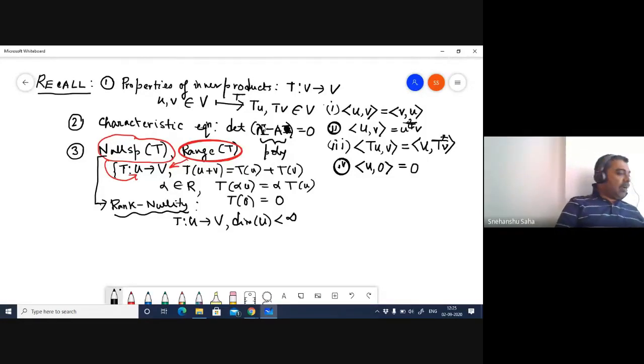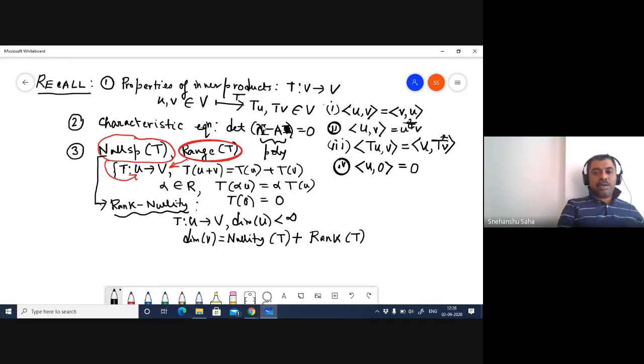All right. So this is the rank nullity theorem we were talking about. The rank nullity theorem says that the dimension of the domain is nothing but the nullity of T, which is the dimension of the null space of T, plus the rank of T. Now, what is rank?